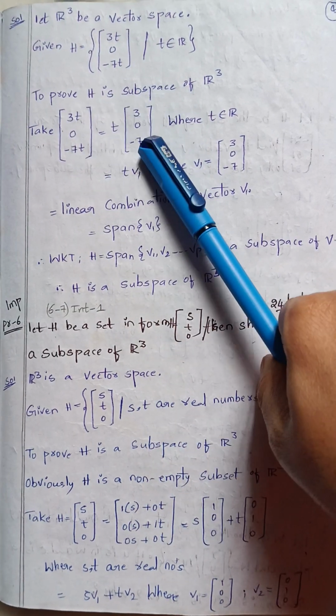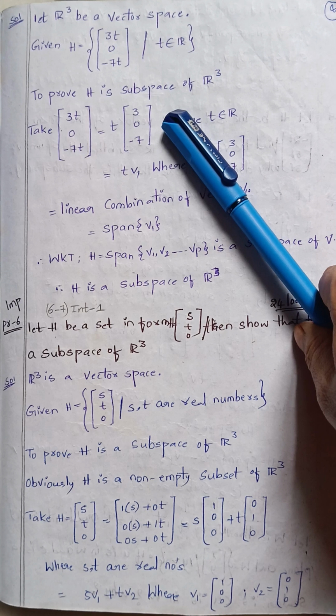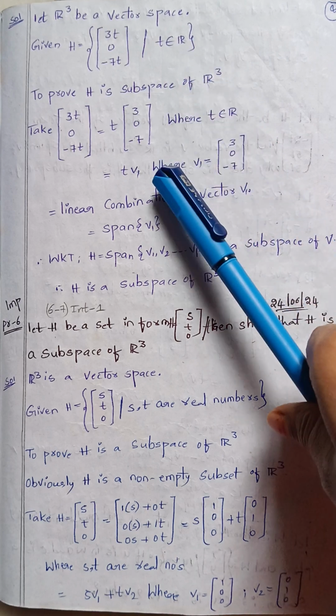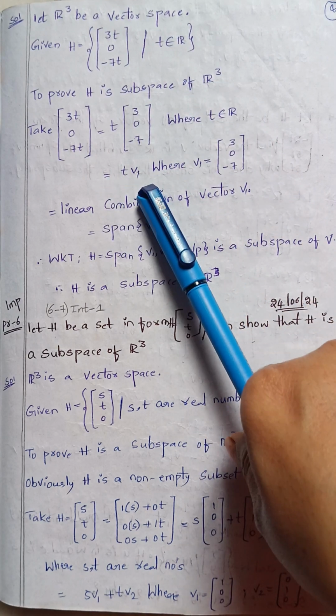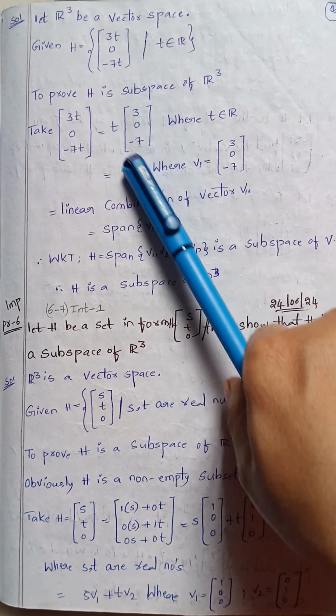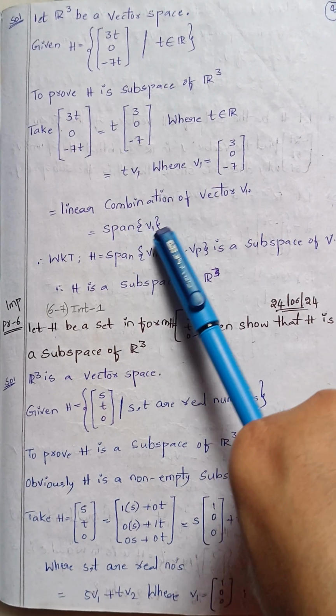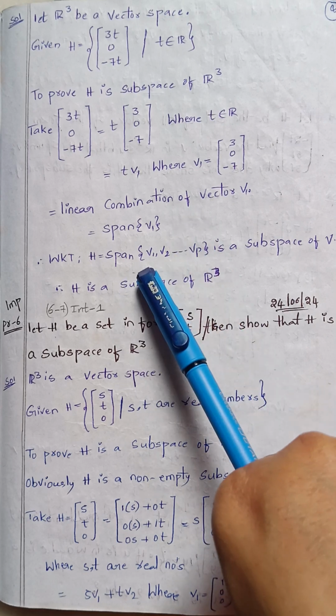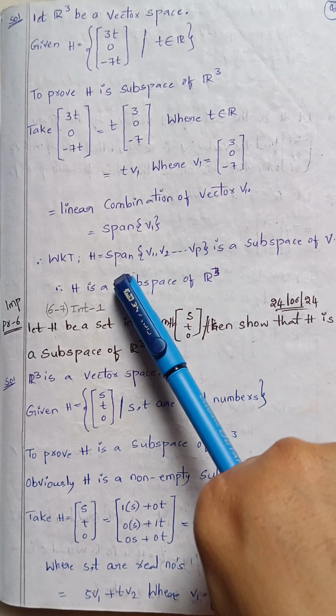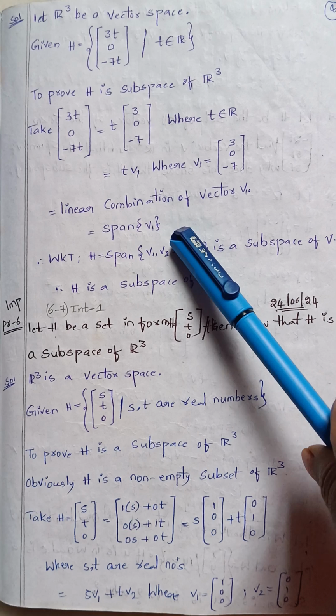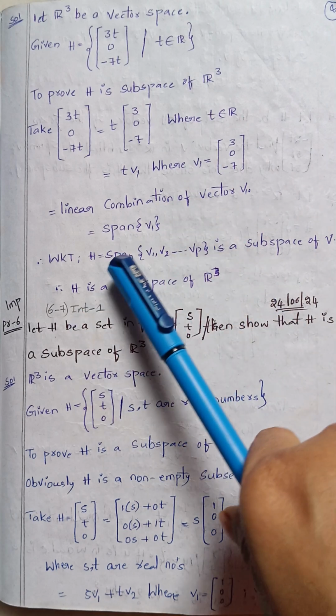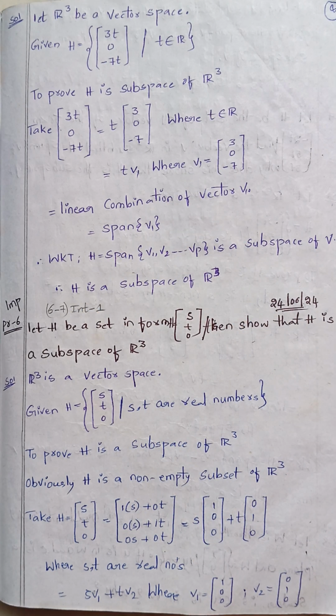So T into some vector; we can choose any name, U, V, V1, U1, anything is fine. So T into V1, where V1 is equal to the given vector. It is a linear combination of a single vector. What we have learned is that for any finite number of vectors, the span of those vectors is a subspace. Here there is one vector, no issue. So H is a subspace of R3.